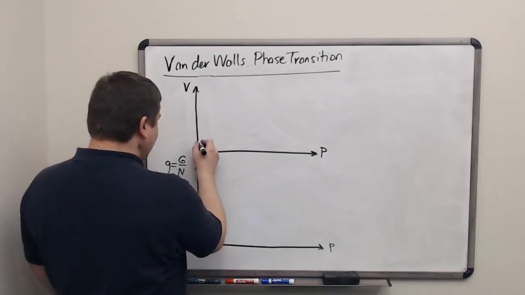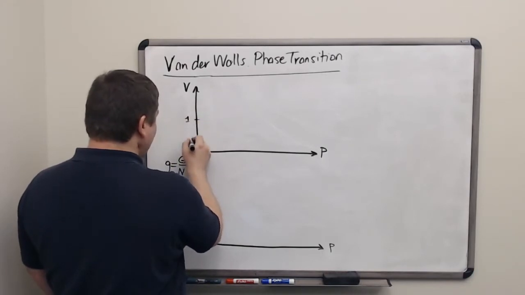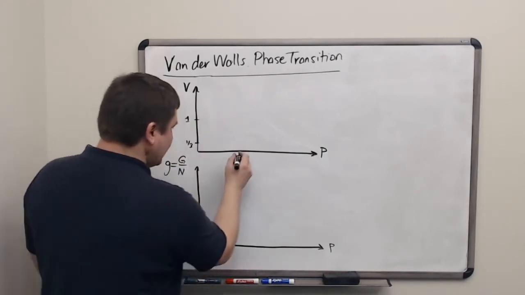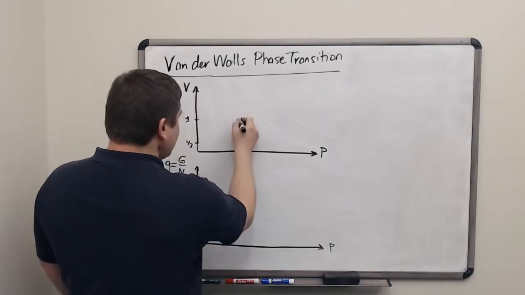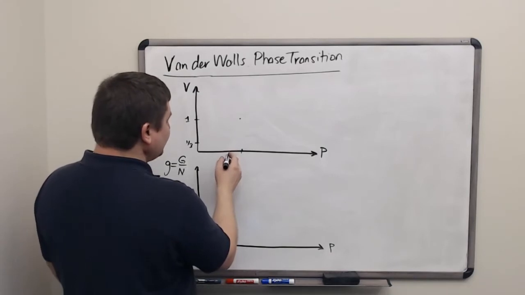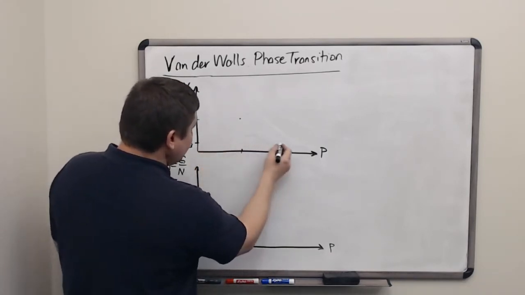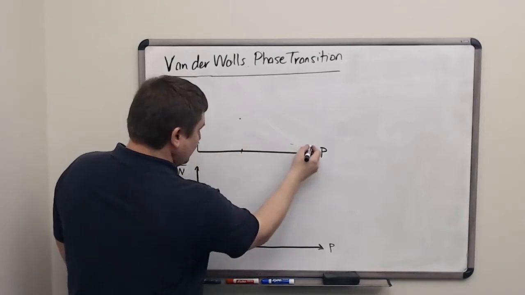But let's just get our bearings here when a graph is volume versus pressure. We'll let the critical point be here, and I want to draw an isotherm that is below the critical point. So that will have an asymptote at V equals 1/3.